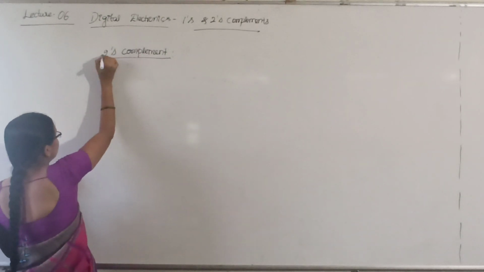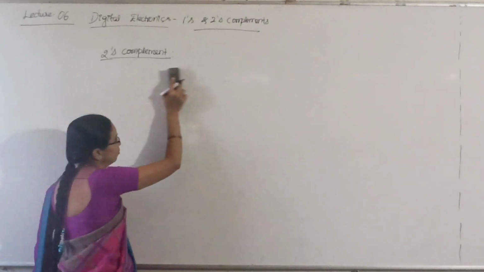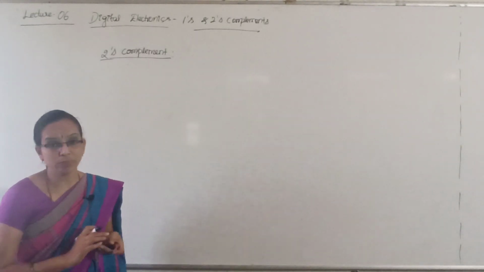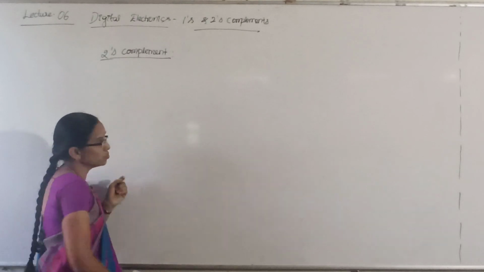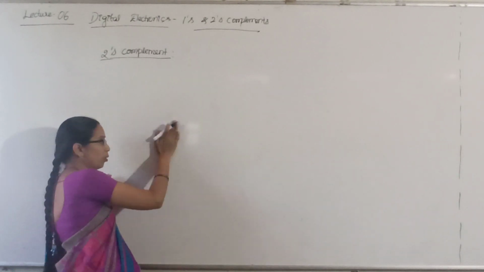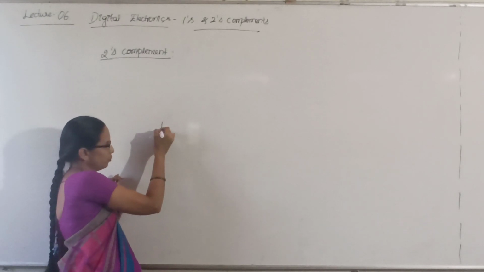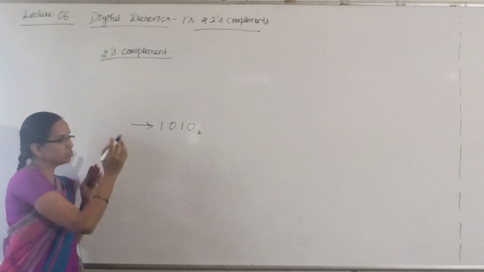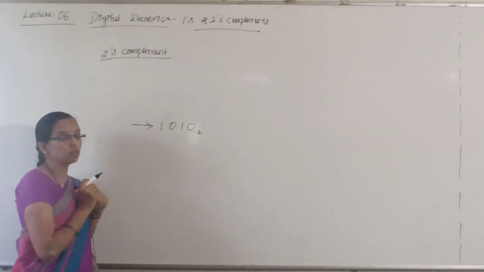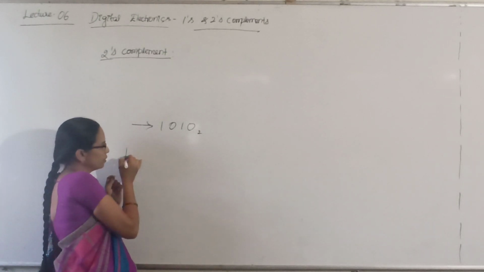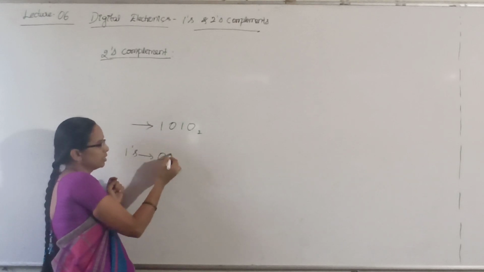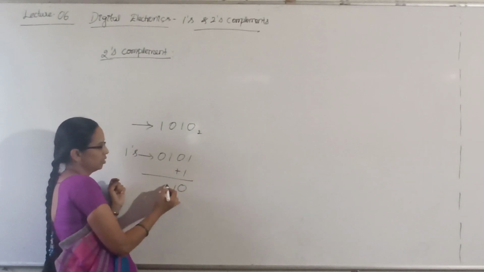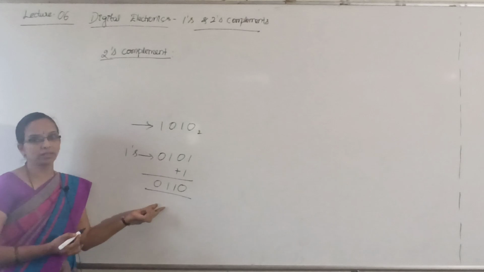Okay. There is one more method, that is 2's complement of a binary number. That is also used to represent the negative number or convert a negative number into positive. For that, 2's complement of a binary number will be obtained as follows. If 1010 is the original number given, to represent the 2's complement of this, first you have to take the one's complement of this number, that is 0101, and add 1 to the one's complement, and you will get the 2's complement.